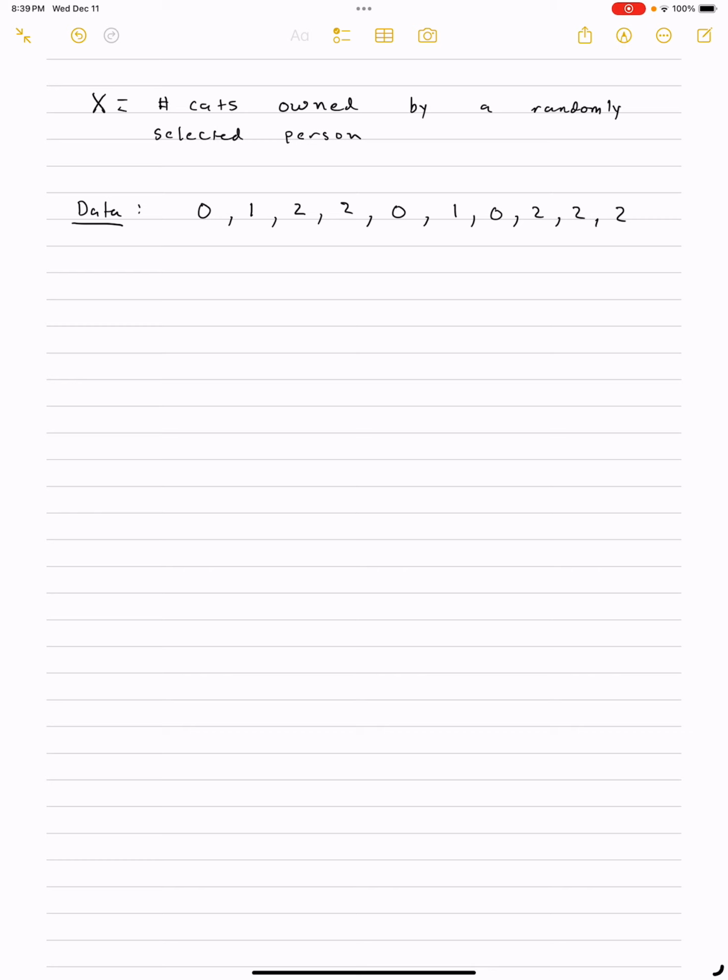Okay. So if we go ahead and we were to write this out, we can form the probability just using the empirical probability formula. So x versus p of x. The outcomes of x are no cats, one cat, or two cats.